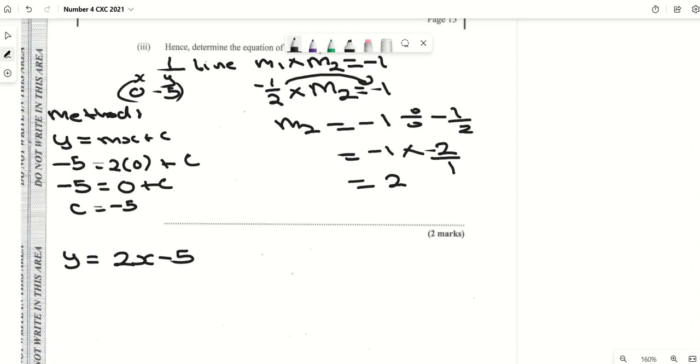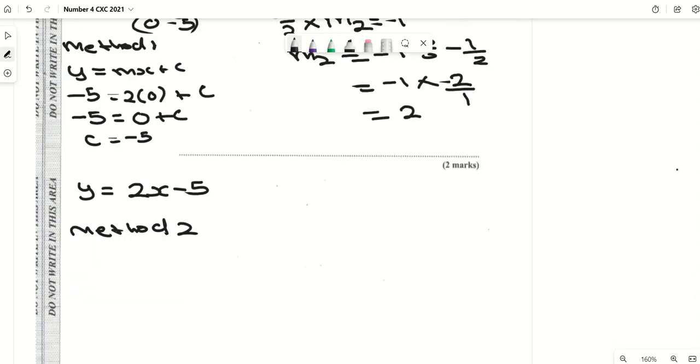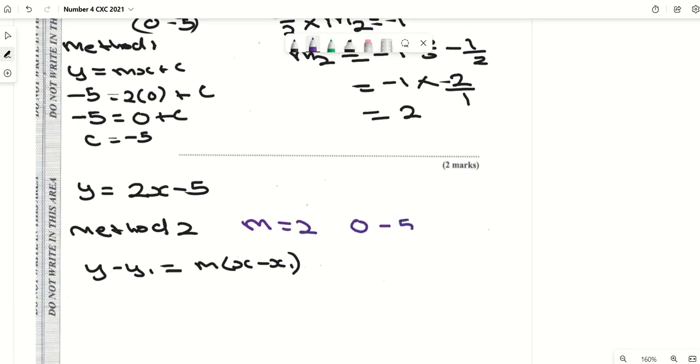Method 2 is an equation that you have to know: y minus y1 is equal to m by the bracket x minus x1. Same thing, we have to know the gradient, which is 2, and the coordinates it goes through are (0, minus 5).